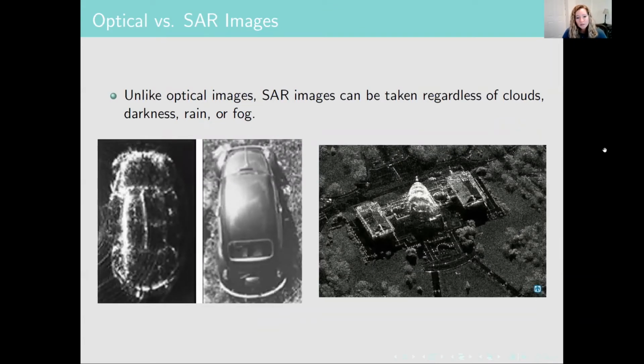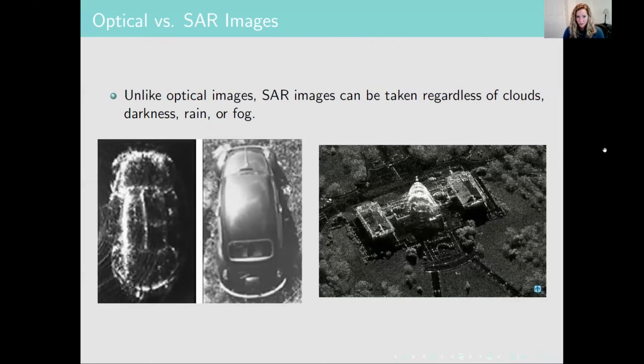So optical images are the images you are likely familiar with. So these would be pictures you take with a camera, with your phone. And this requires light. And with an optical image, we generally get a really nice image that looks like what we see with our eyes. However, there's a lot of hindrances.